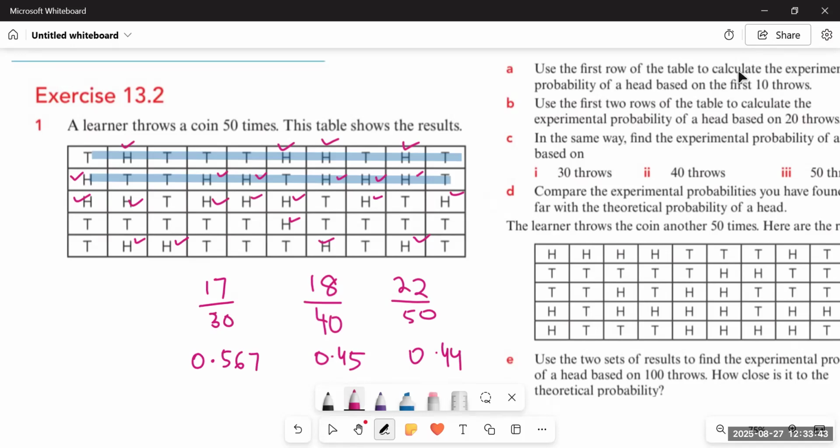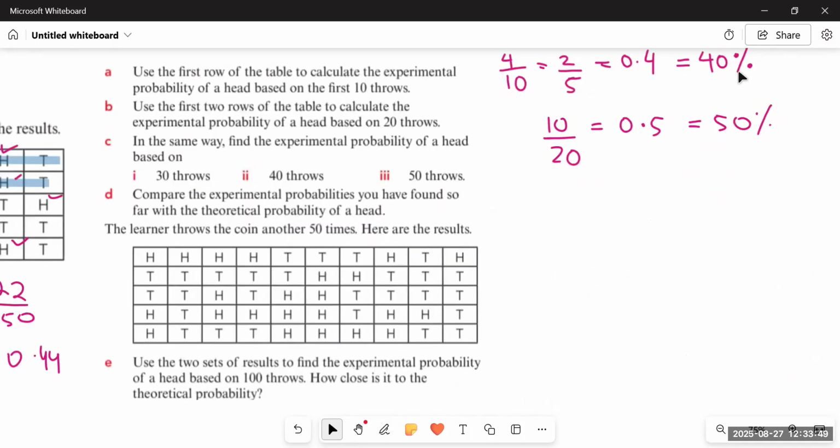Now let's move to the next question, which says, basically the next part, compare the experimental probabilities that you have found so far with the theoretical probability of a head. Now we have to calculate the theoretical probability. And how do we calculate it?